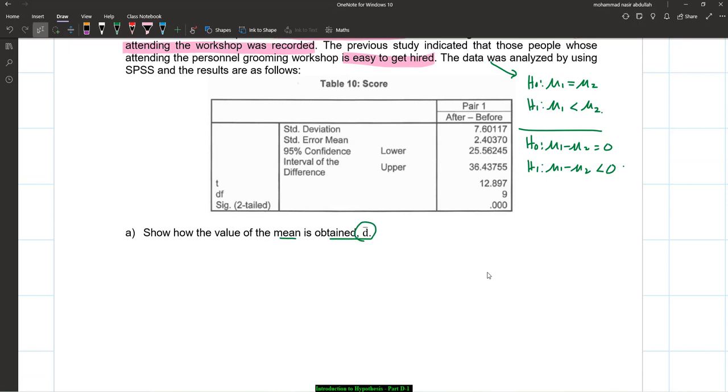So how to get the mean difference, right? There is no mean difference shown in this table, so we can use all the information available in this table, such as t equal to 12.897.